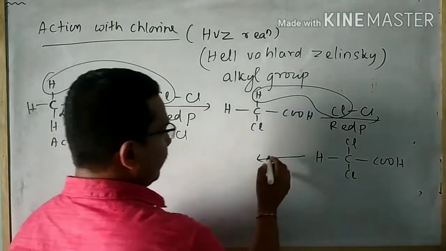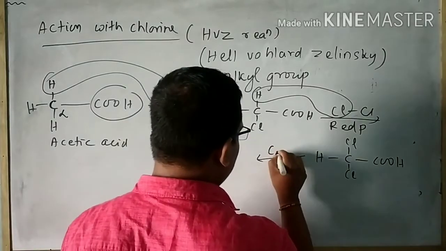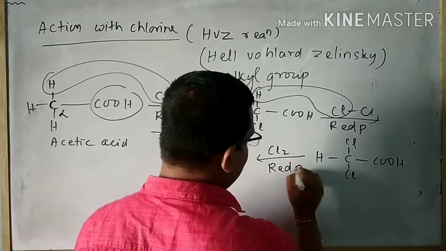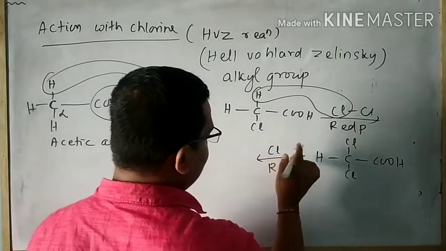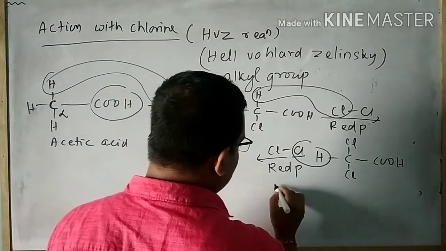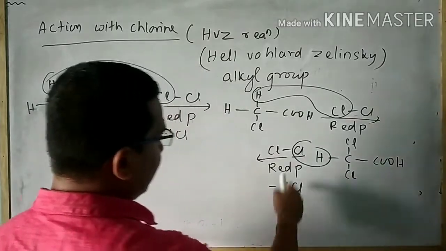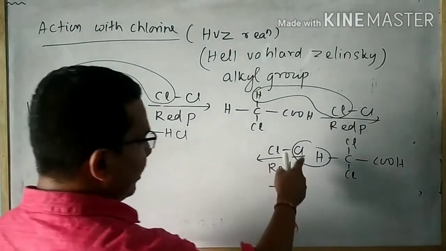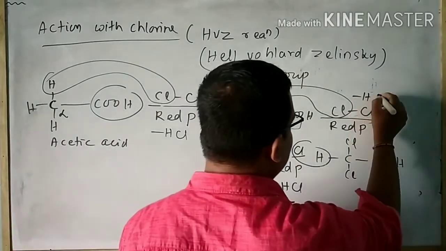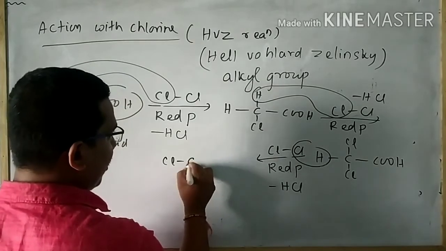Again, we can react the disubstituted with another chlorine molecule in the presence of red phosphorus. Then the third alpha hydrogen can also be removed as HCl. The third alpha hydrogen reacts with one chlorine atom to form HCl molecule. Here also we can write minus HCl, and a tri-substituted product is formed.